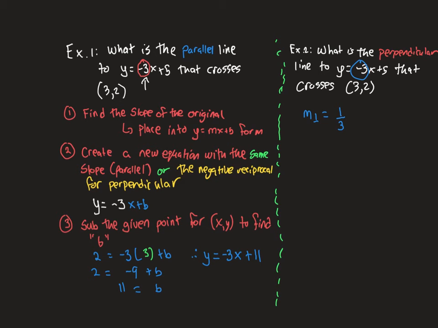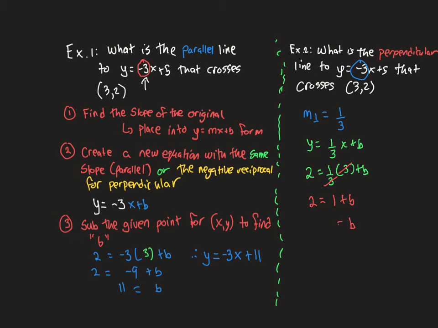So let's continue from here. So we make our equation, follow our second step here. So 1/3 x plus b. Let's substitute our point in. So we're going to have 2 is equal to 1/3 times 3 plus b. The 3's are going to cancel out here, which is going to leave me with 2 is equal to 1 plus b.